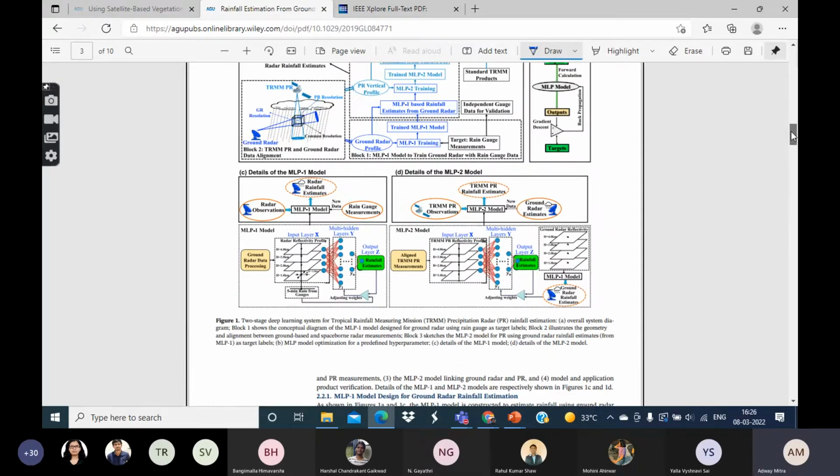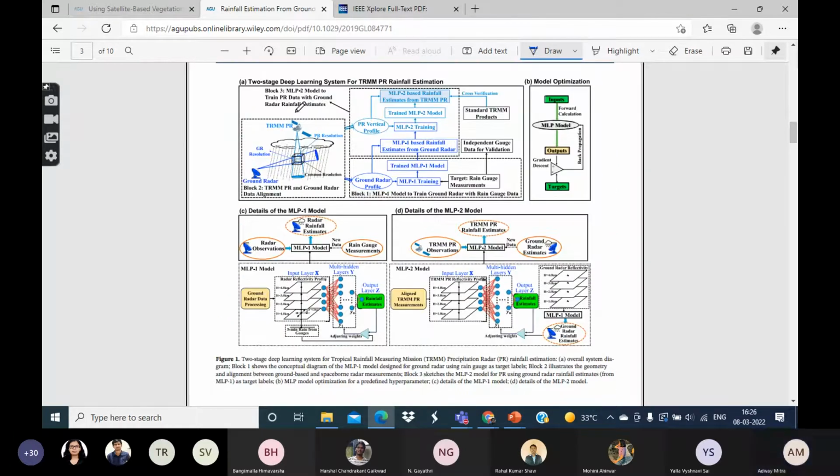So this is the schematic diagram. What you are seeing is a schematic diagram of the whole system. As you can see, there is this ground radar, the TRMM, the spaceborne radar, and then there is the rainfall or precipitation taking place.